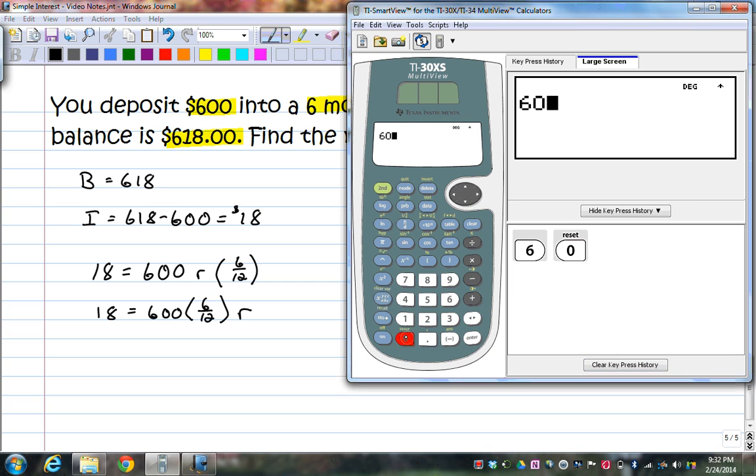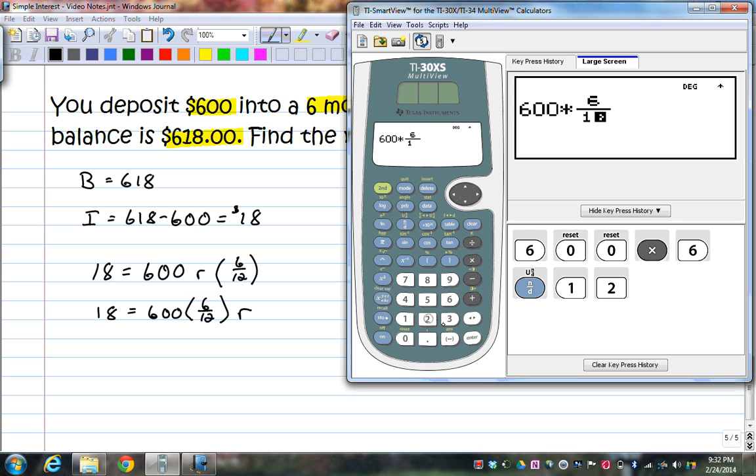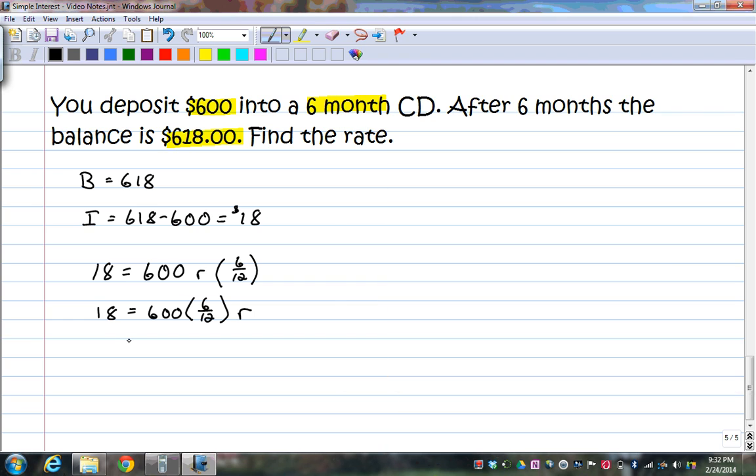So let me clear this out and do this problem. I have 600 times, I'm going to do 6, and my fraction, or for you, ABC, 12 equals 300. So I have 18 is equal to 300R. Then what I'm going to do is divide both sides by 300.